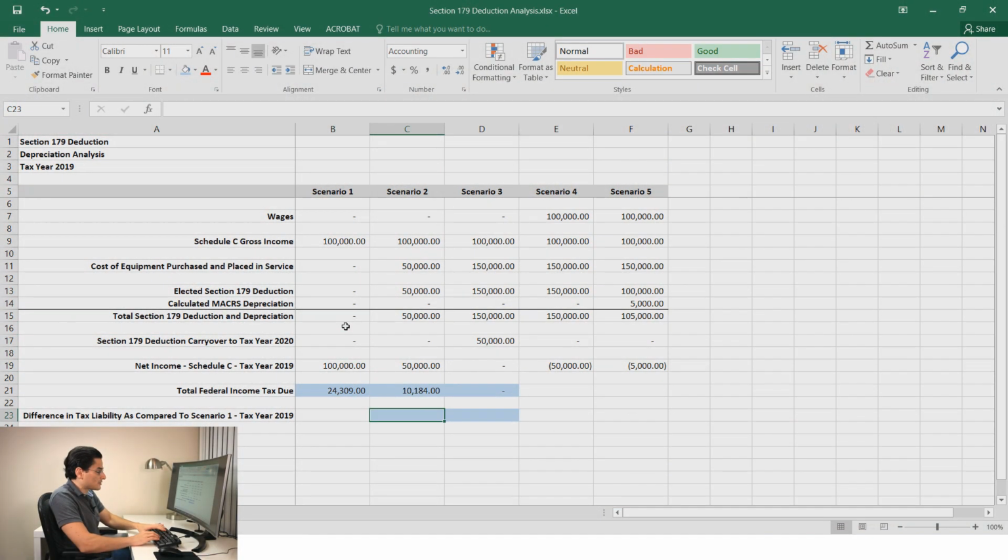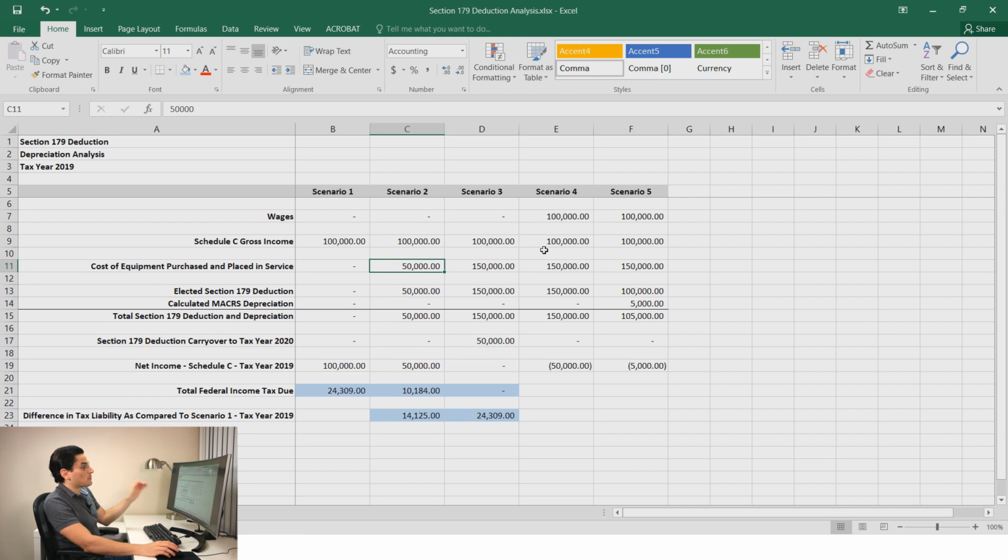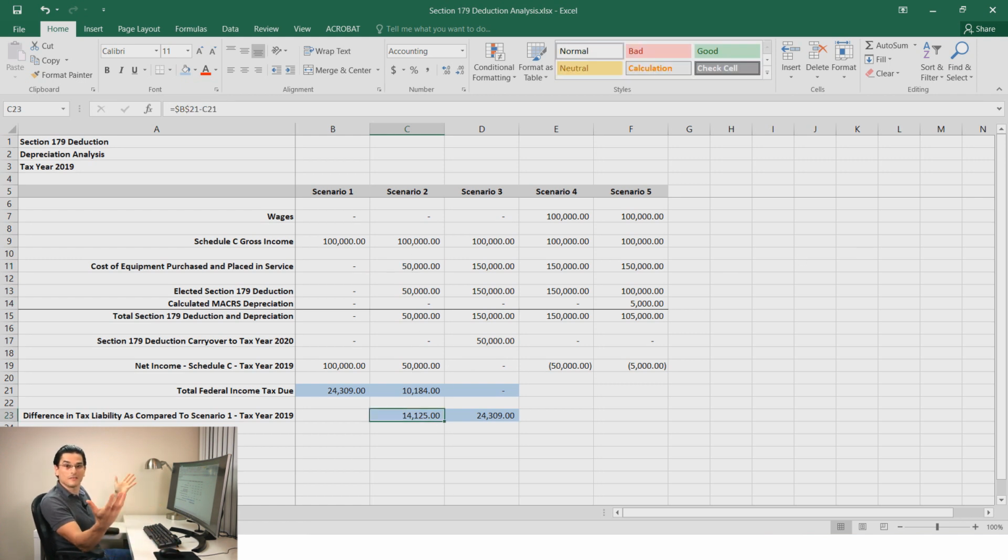And one thing that I wanted to note is that there's definitely differences here in terms of tax liability to take into account. In terms of the differences, by purchasing and placing in service $50,000 in assets in scenario 2 here, based on our $100,000 in gross income from the business, we essentially save $14,125.